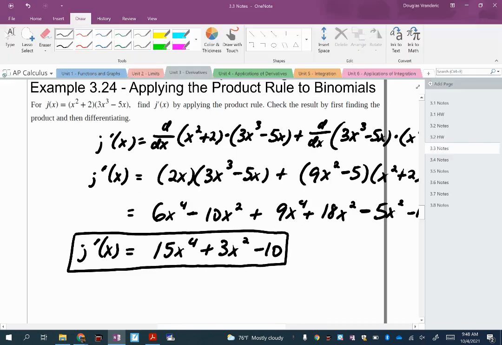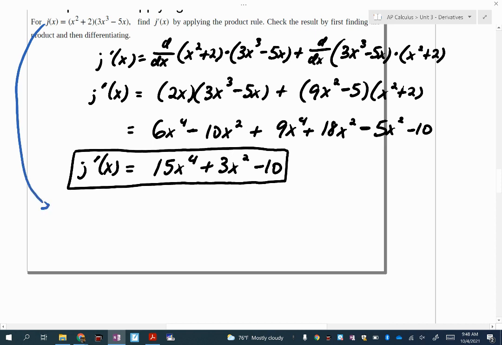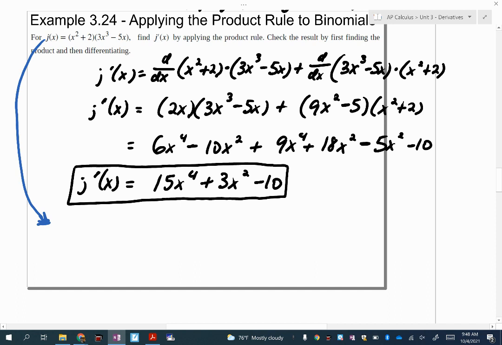I'll change colors by first distributing, right? Taking this j of x function and distributing, and then finding the derivative once we distribute it. So that's going to be j of x equals 3x to the 5th power minus 5x to the 3rd power plus 6x to the 3rd power minus 10x.